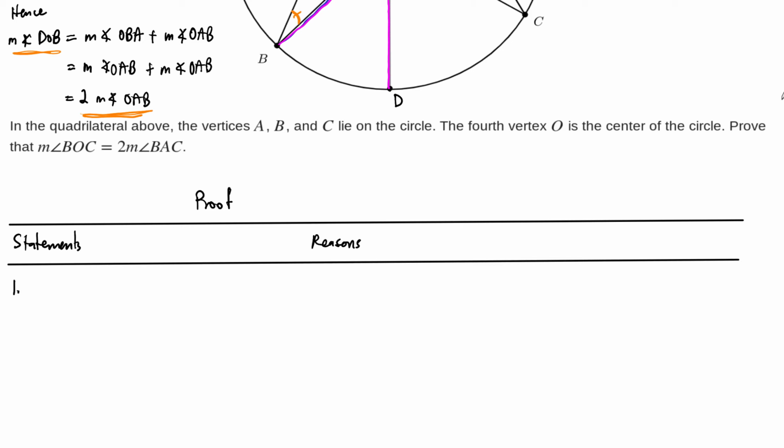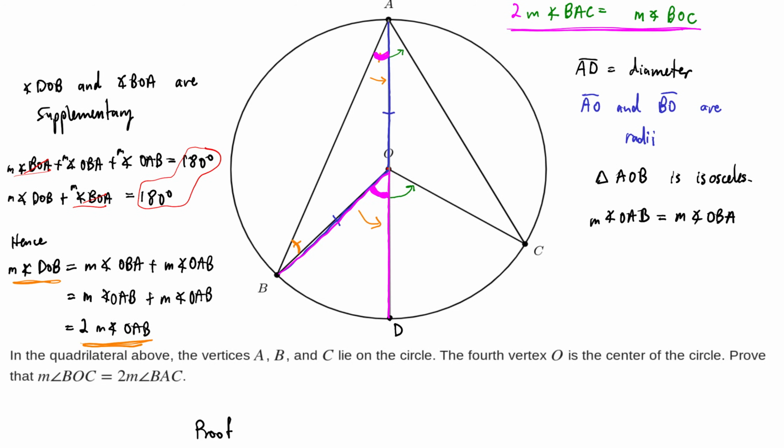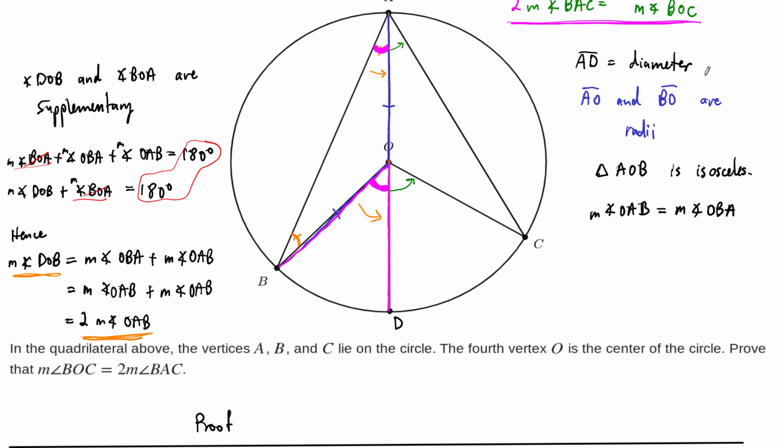By the way, OD, this entire line, is an auxiliary line. This is a line that is not part of the actual picture that we were given. We threw it in there to help us do the proof. So we don't need to actually state that we're drawing the auxiliary line, but we are going to use that line. So we just go in the same order that we did.